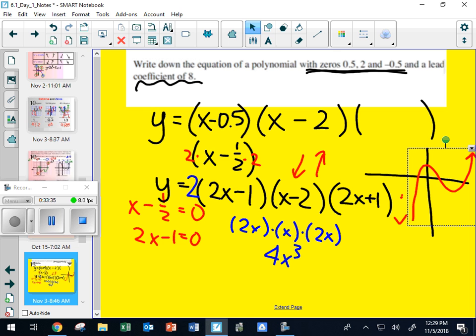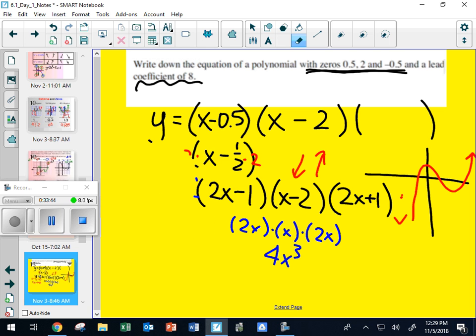Is there another way? There is another way that we can do this, though. Instead of saying, let's put a 2 in front, what if we just changed the degrees? How could we change the degrees of one of these factors so that we get 8 for our leading coefficient?